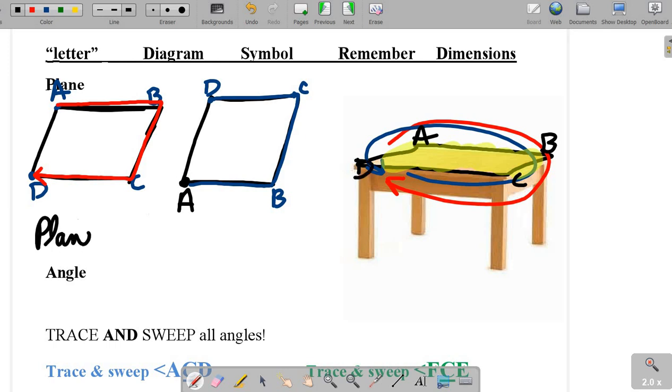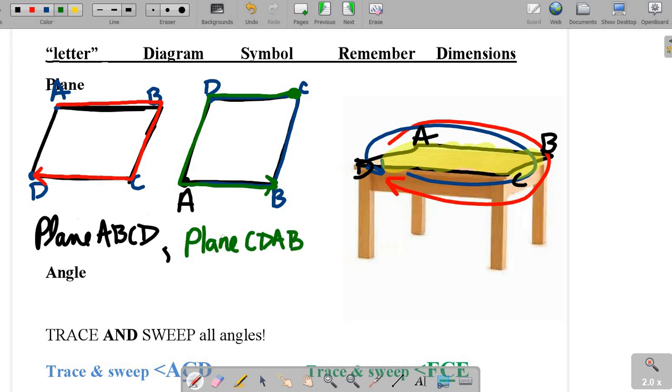I could even mix it up. Watch carefully. I'm going to start at C and go counterclockwise: C, D, A, B. That's fine too. I could start at D if I want, and go clockwise: D, A, B, C.